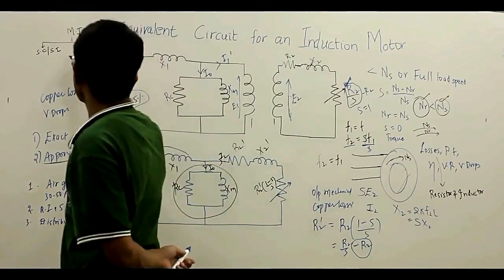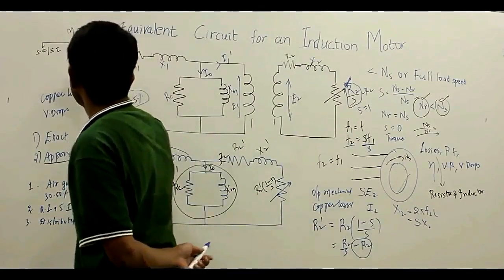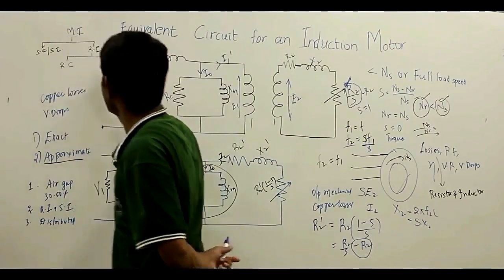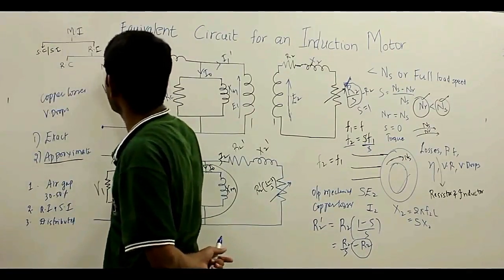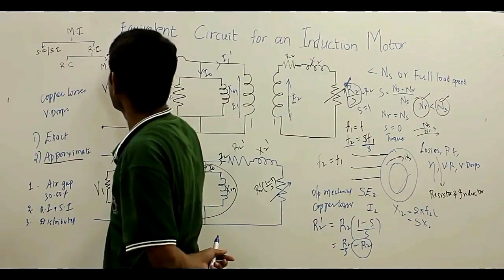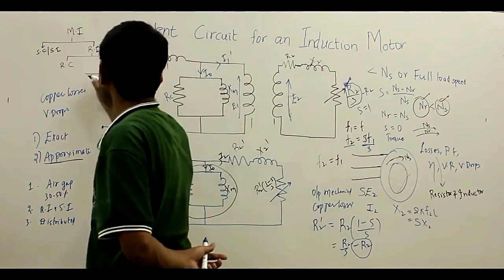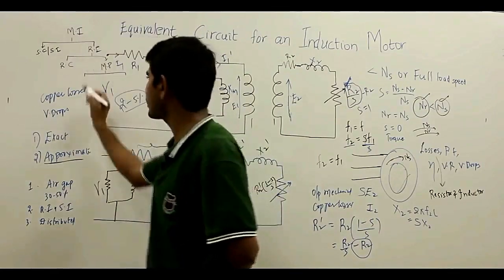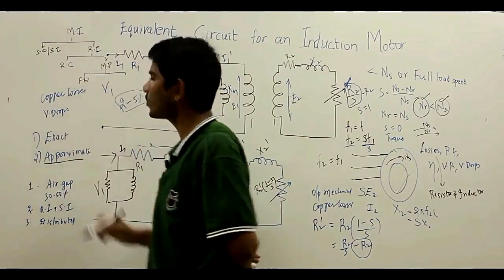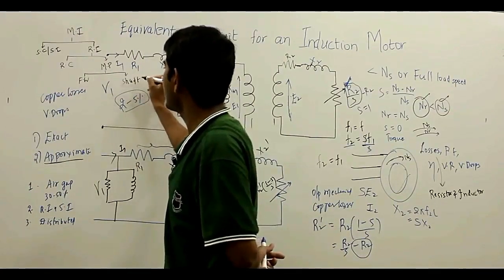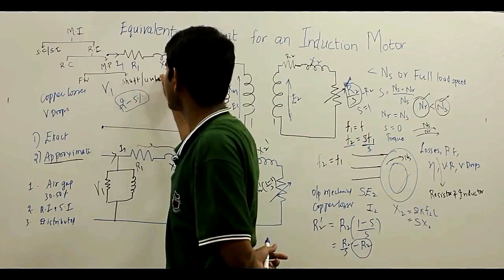Your rotor input is used for overcoming the rotor copper losses, and the other section is used for the mechanical output power. This mechanical output power is again used to overcome the frictional and windage losses, and the remainder is your shaft power or useful power.